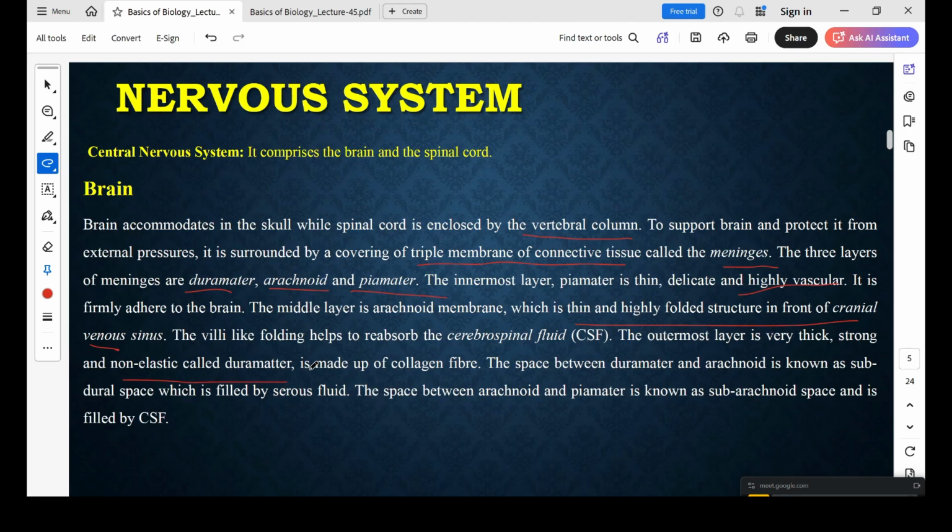It is mostly made up of collagen fibers, which is a component of the extracellular matrix. The space between dura mater and arachnoid is known as subdural space, which is filled by serous fluid. And the space between arachnoid and pia mater is known as subarachnoid space and is filled with cerebrospinal fluid.